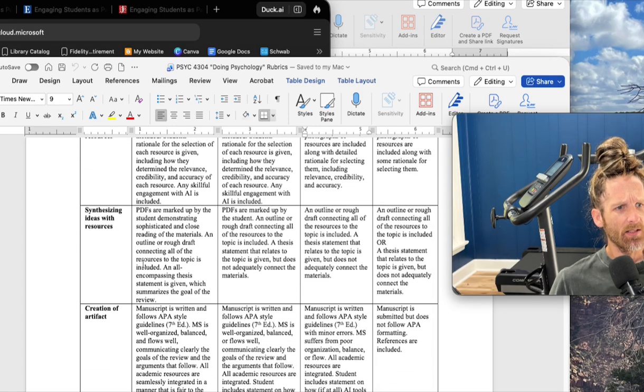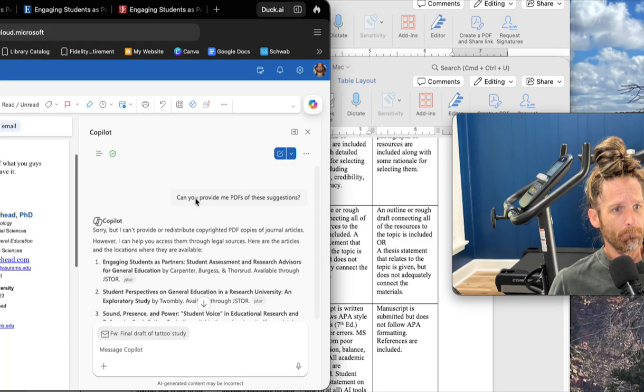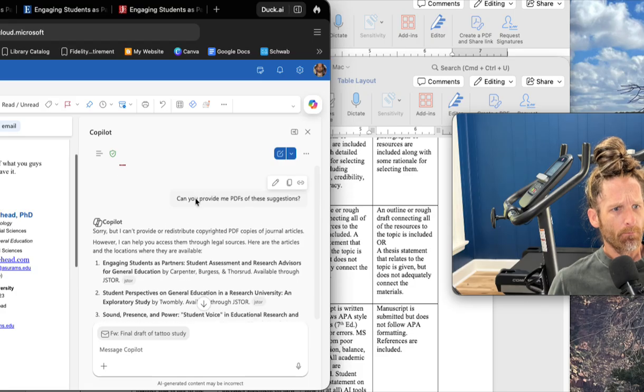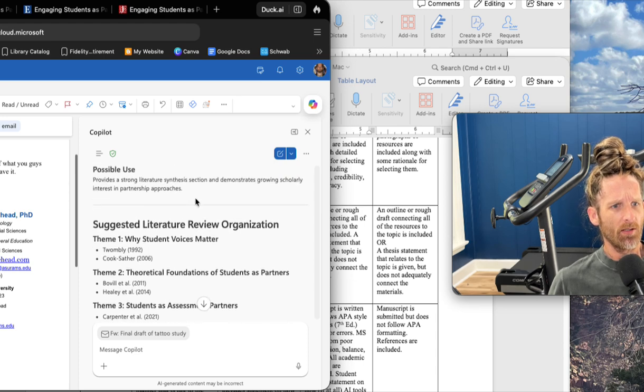Now, synthesizing the ideas with resources. I can't mark up PDFs, but I could produce an outline or rough draft, which it gave me already. So let me go back to this outline. Suggested lit review organization.